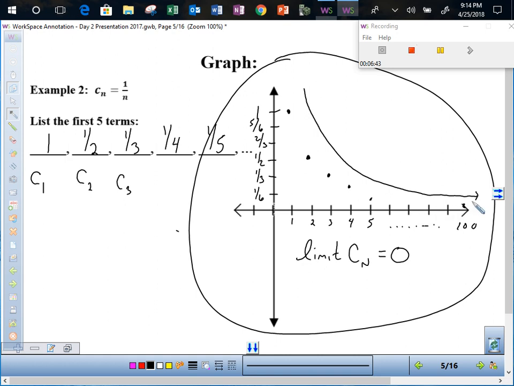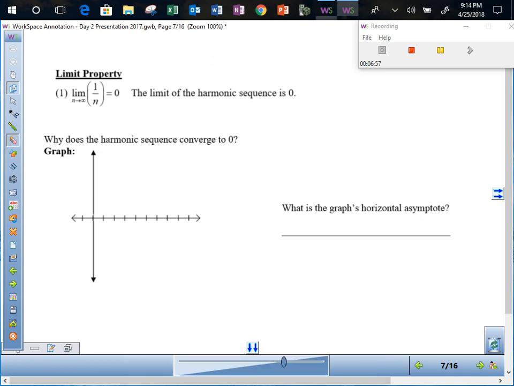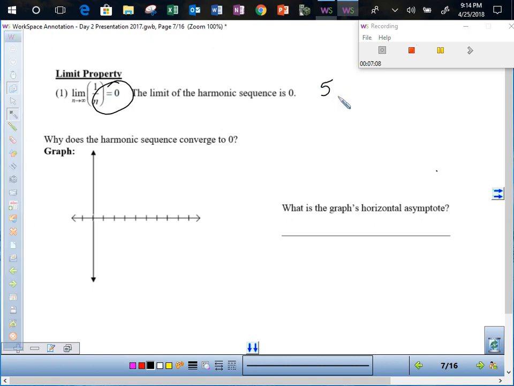So guys, I want you to notice this. This is a really important statement: any time that the degree of your denominator is higher than the degree of your numerator, your limit will always be 0. So down the road, if I ask you the limit of 5 over n, the biggest power is in the denominator, so that's going to go to 0.